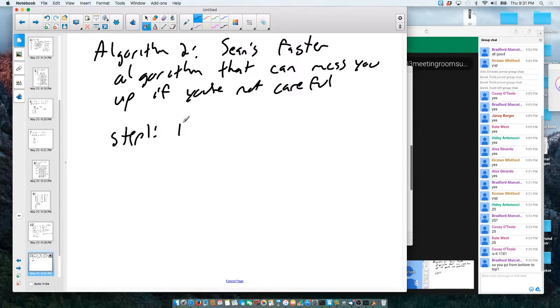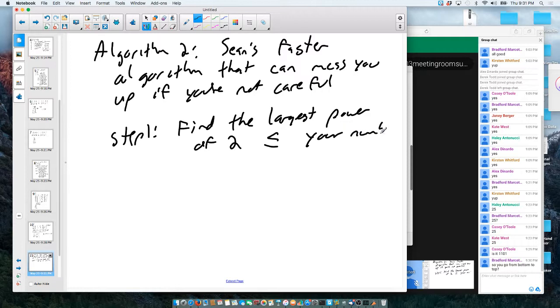Step 1. Find the largest power of 2 less than or equal to your number. A power of 2 is 1, 2, 4, 8, 16, 32, 64, blah, blah, blah. Okay?